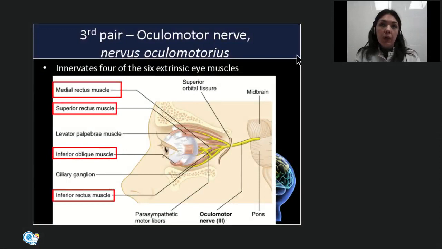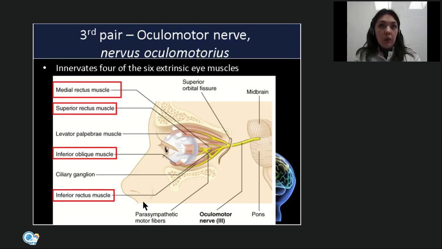So the third pair of cranial nerves is the oculomotor nerve, nervus oculomotorius. It innervates, it supplies 4 out of 6 extrinsic eye muscles. And we also have discussed it when we studied the organ of vision.